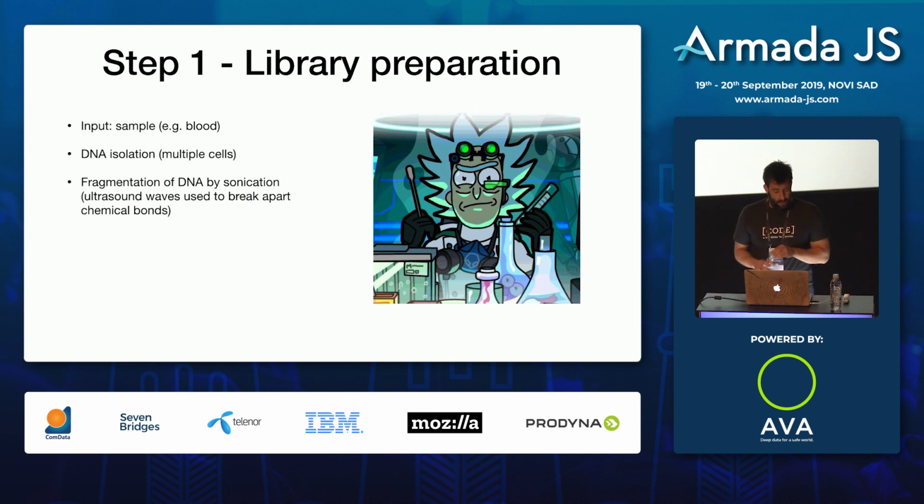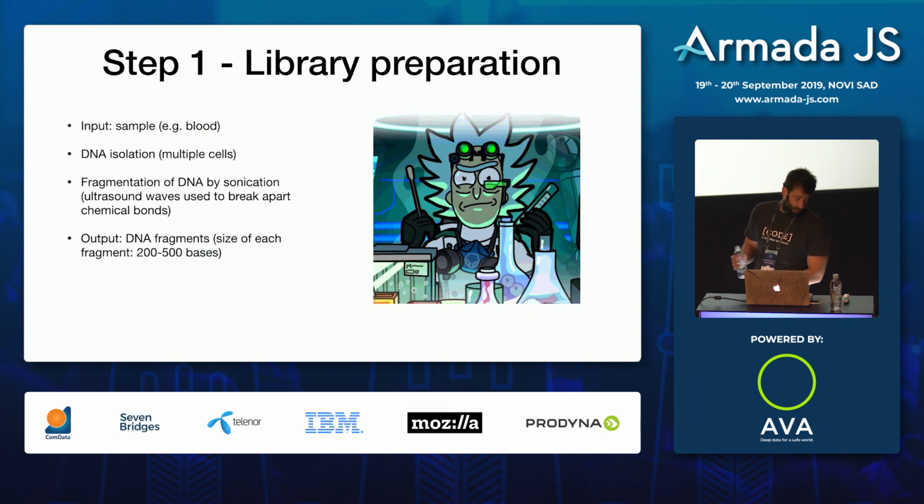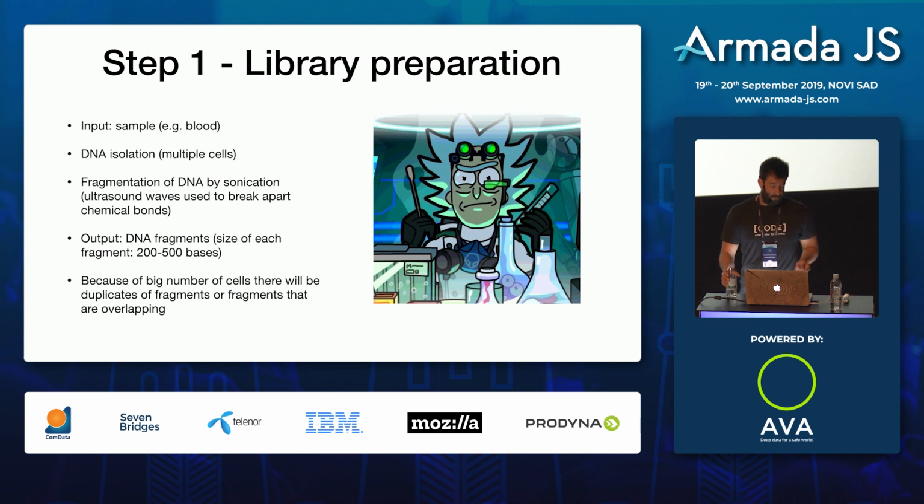It's literally ultrasound waves that break the chain into small chunks. It would be like you take 10 copies of your book and you shred it, so you have smaller chunks, 200 to 500 letters or bases. And some of them would overlap because you have 10 copies of your book.